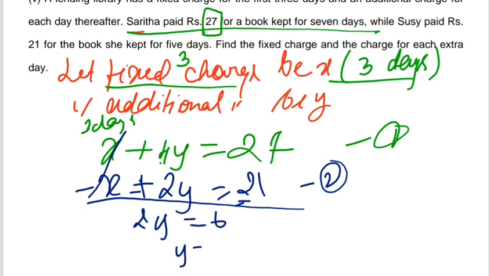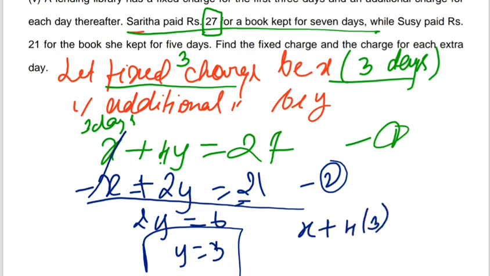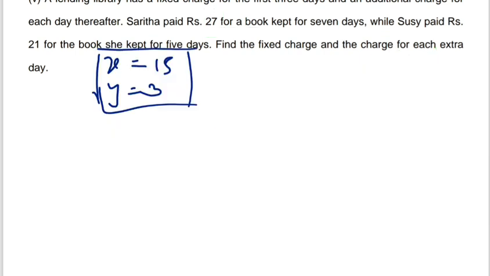So y is 3, and putting the value of y in the first equation, x plus 4 into 3, that is 12, is equal to 27. So x is equal to 27 minus 12, that is x is equal to 15 rupees. So we got x as rupees 15 and y as 3.